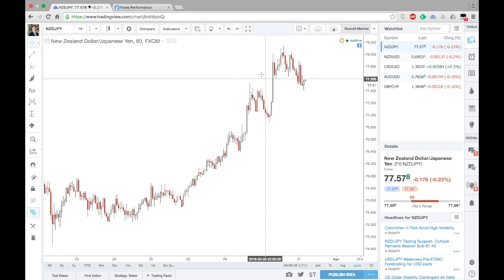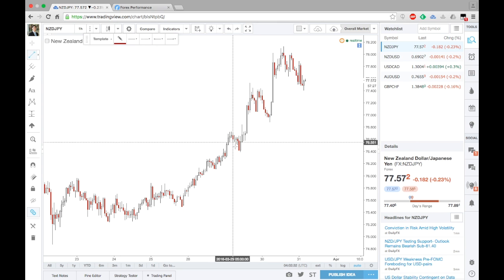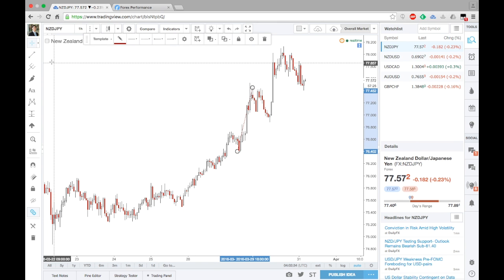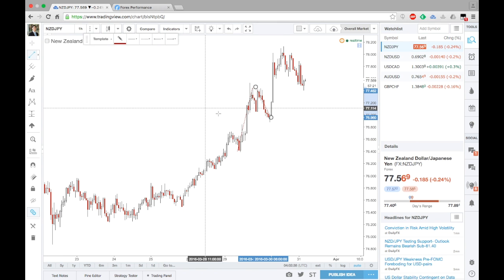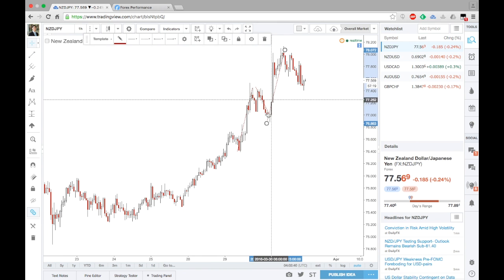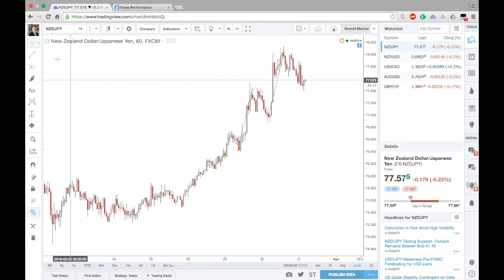It forms a high and then it retraces back, forming a higher low, and then it breaks the previous level to form a new high. So simply by this structure high, structure low, we have 1, 2, 3, 4. So once we establish 4 points, 1 to 2, 2 to 3, and 3 to 4, what we are waiting for is this.